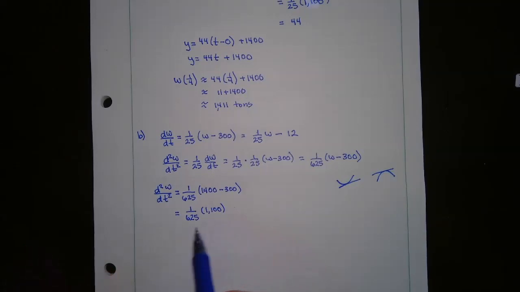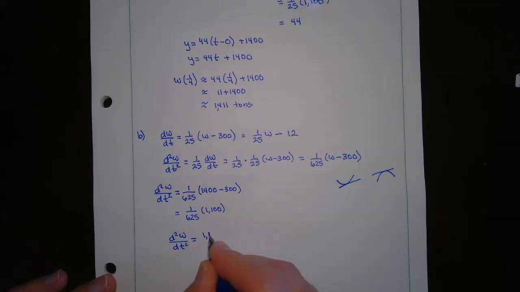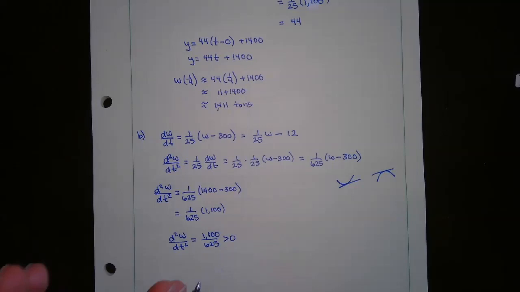Now, what do we know about this? We don't really need to calculate it, because we know it's greater than 0. The second derivative of W with respect to t is equal to 1,100 over 625, which is greater than 0. That tells us it's concave up here.